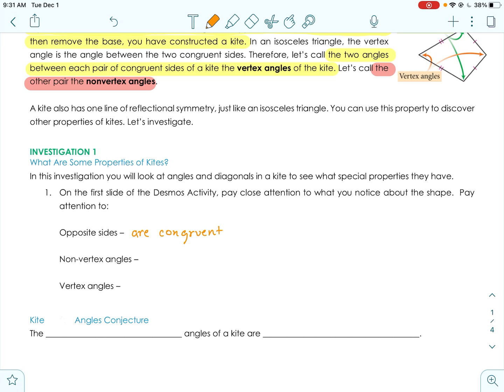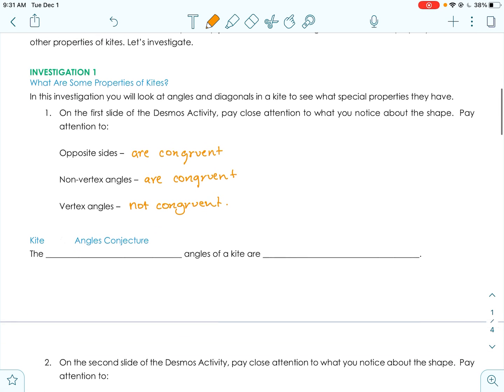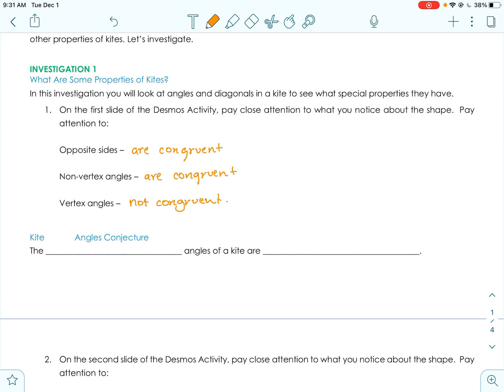We notice that our non-vertex angles are congruent. And we notice that our vertex angles are not congruent. So if we were going to make a conjecture about the angles of a kite, what conjecture could we make? We can't really say anything about the vertex angles because they change. They're not congruent. There's no pattern that we can really see when we move those around.